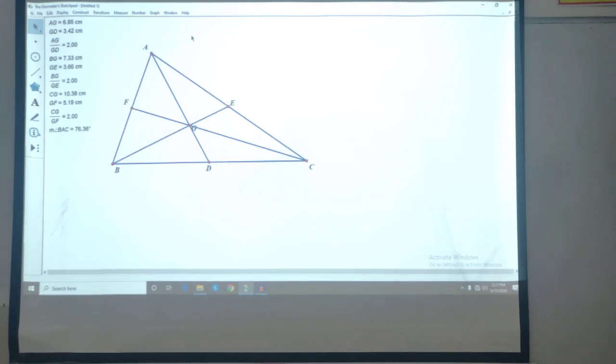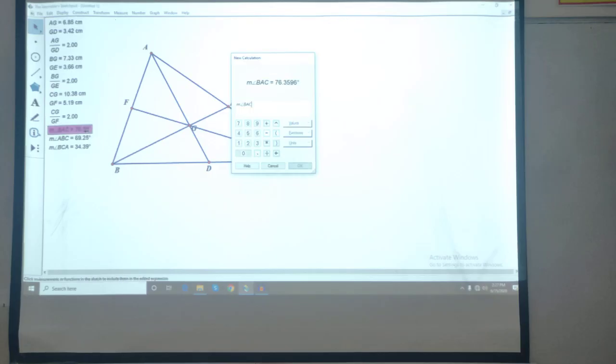Angle BAC comes out to be 76.36 degrees. Angle ABC is 69.25 degrees, and angle BCA comes out to be 34.39 degrees.